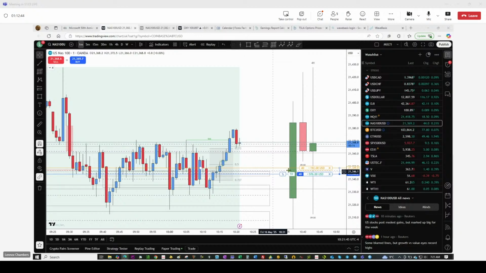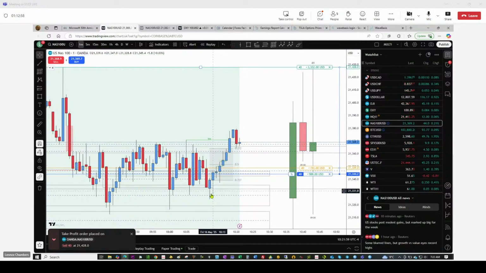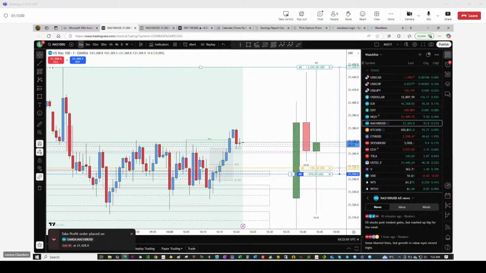All right, so my target on this one would be the current daily high, which is right there. We're in an algo time right now, so this could be a nice algo move, a shallow retrace here, and a continuation to the upside.